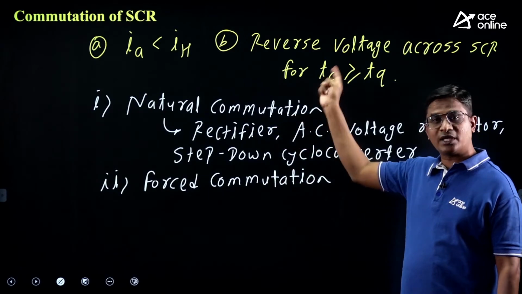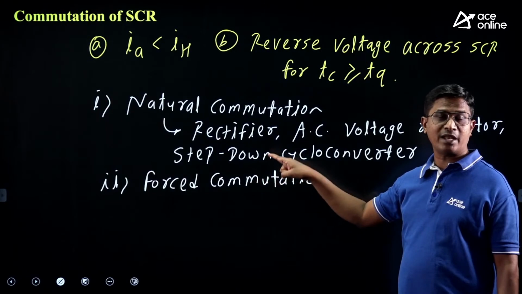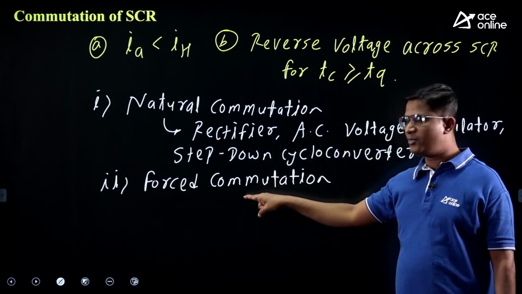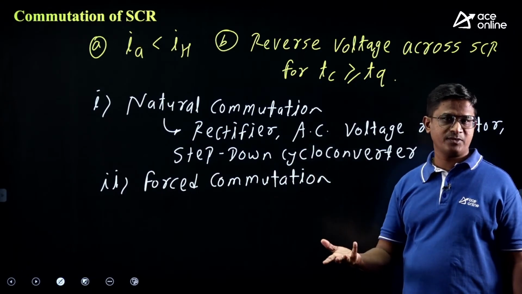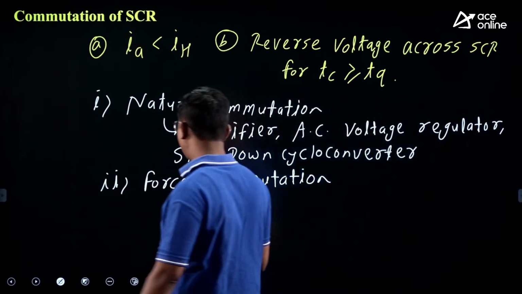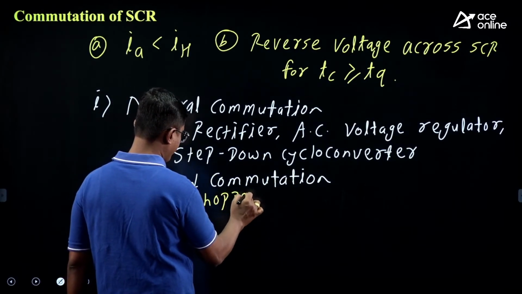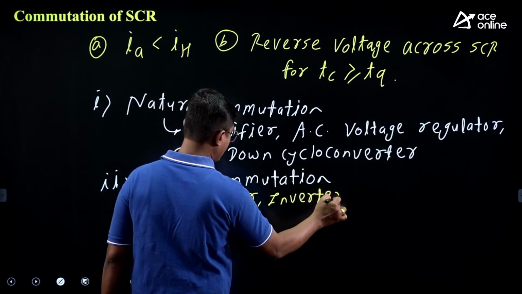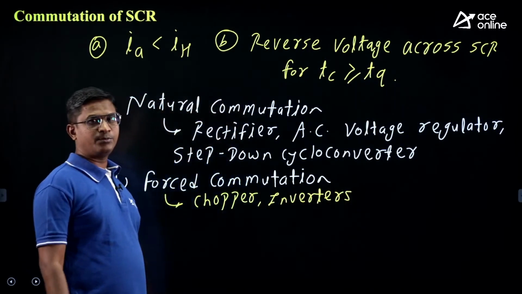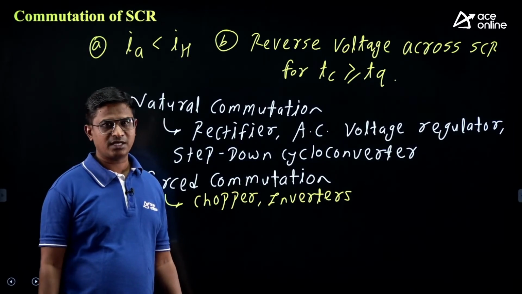SCR turns off due to the nature of source. Forced commutation is used when input is DC, right? So your DC to DC converters, that is choppers, and inverters, DC to AC. In circuitries in which input is DC, we need to go for a forced commutation circuit, right?